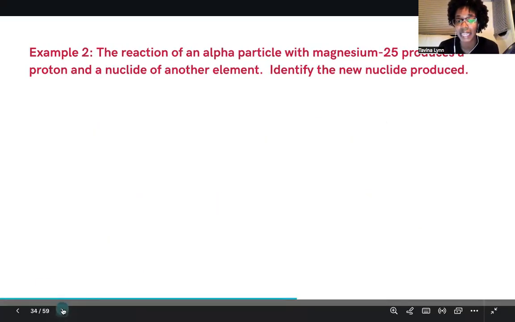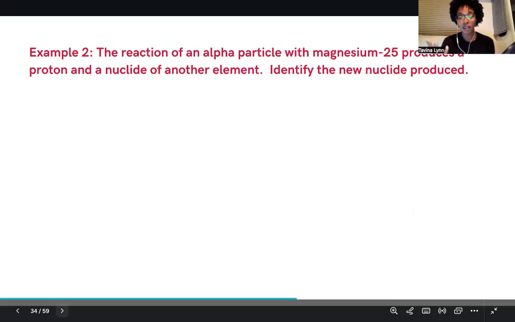Let's look at a second example. So this says the reaction of an alpha particle with magnesium 25 produces a proton and a nuclide of another element. Identify the new nuclide produced. Okay. There's a lot of language in this example here. So I want to pause here to make sure we understand what we're being asked to do.